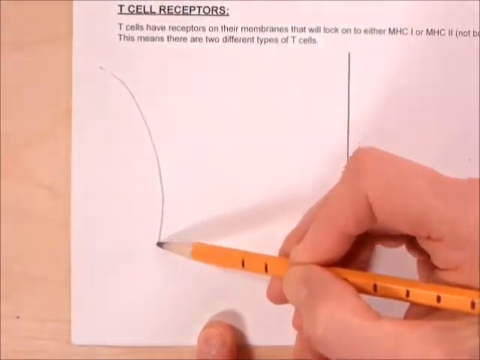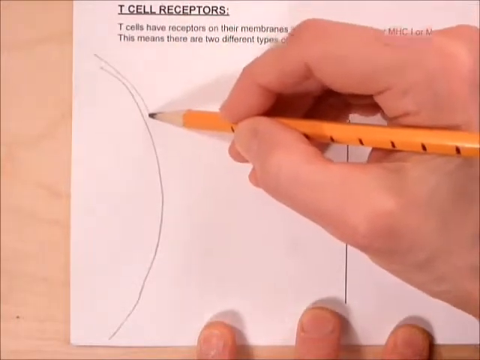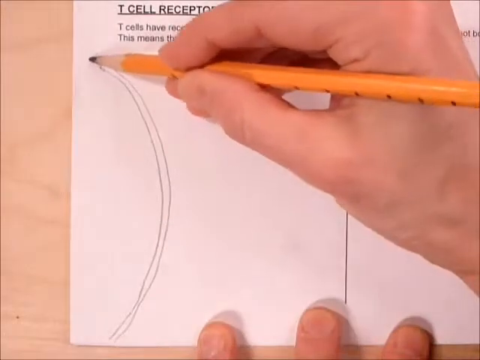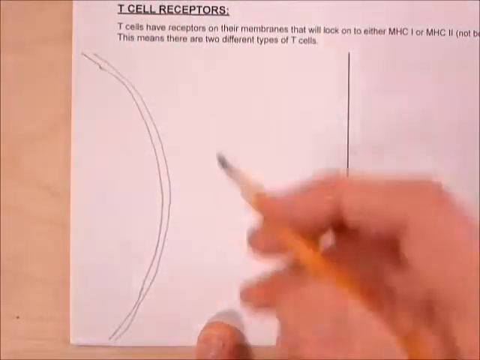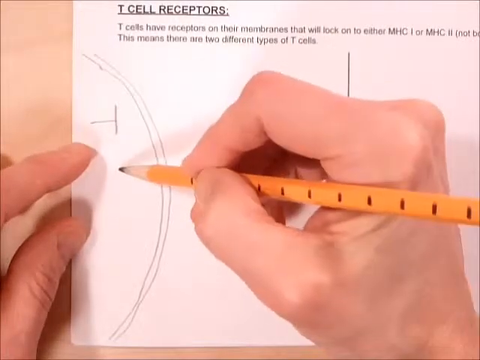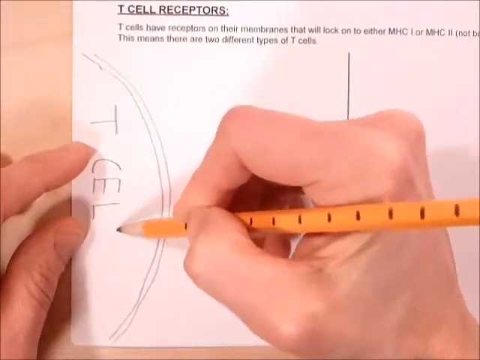So let's make the side of a T cell. We're not going to see the whole thing. It's a round cell. So this is the plasma membrane. And we can label this T cell.